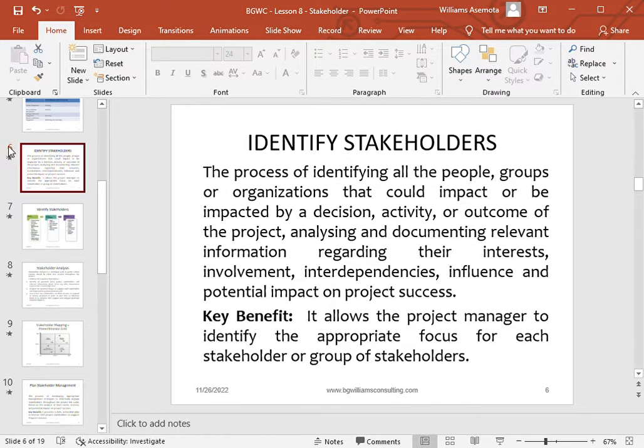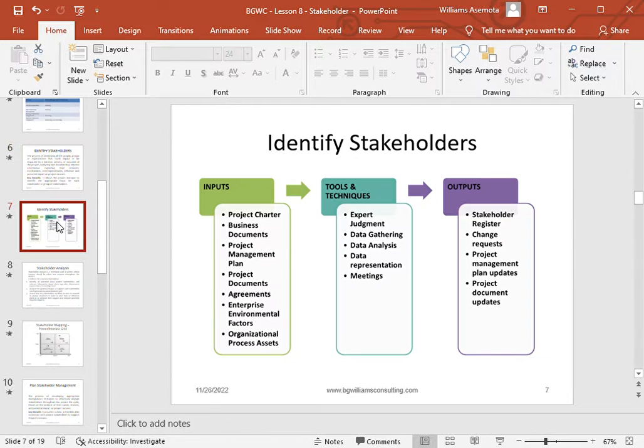So identifying your stakeholder first and foremost is to know their names, their departments, and their level of interest in the project. So identification of stakeholders is focused on getting to know their names, departments, positions, phone numbers, addresses, emails, everything that you need to know about the stakeholders. You need to have all of them.